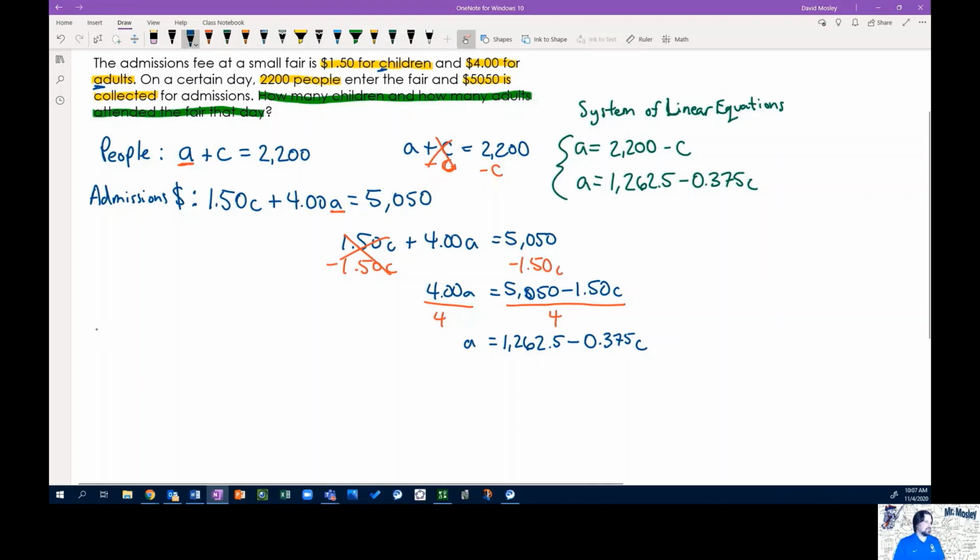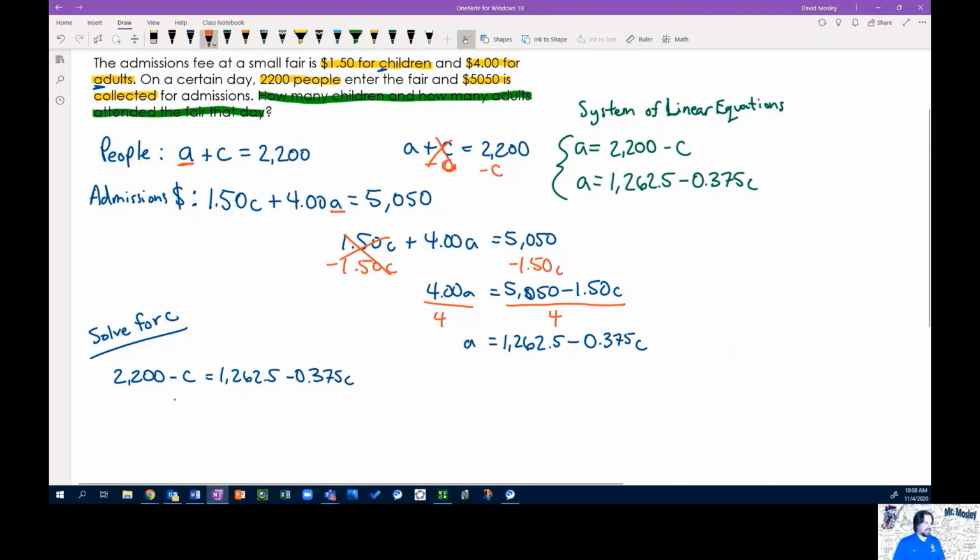We need to solve this for C. So we set these equal: 2200 minus C equals 1262.5 minus 0.375C.